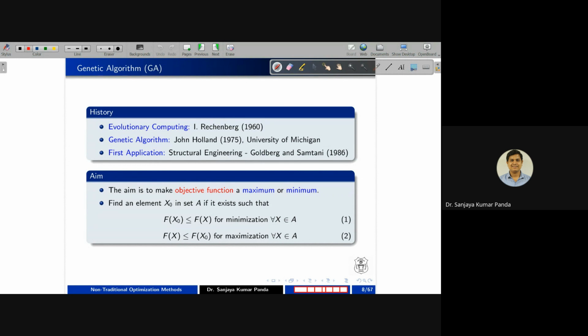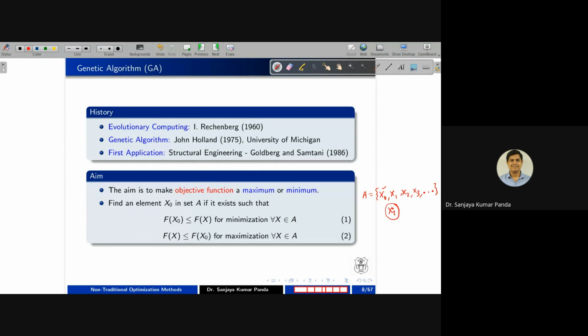So for example, if you take a particular set A, assume that set A has a set of elements like this. Assume that these are the elements in the set, right? Now you find a particular element x0, x0 may be anything. To avoid confusion, let us take a variable xi; xi may be anything. xi may be x0, xi may be x1, xi may be x2, xi may be x3.